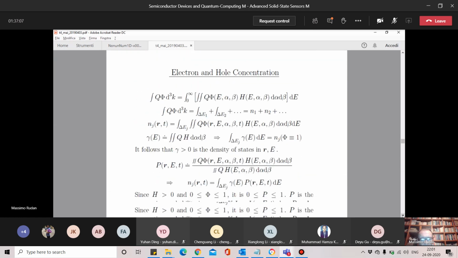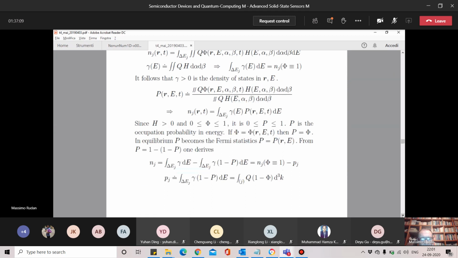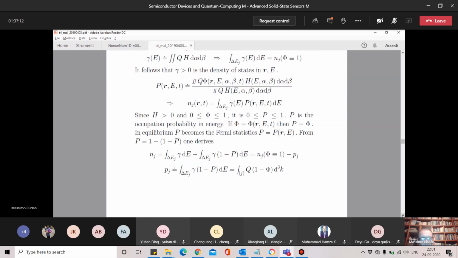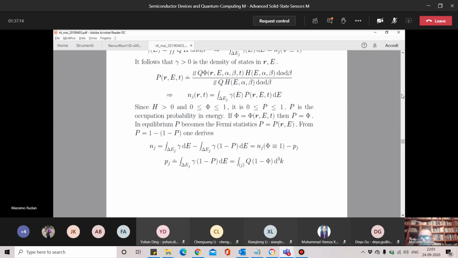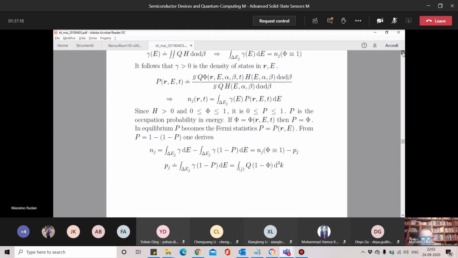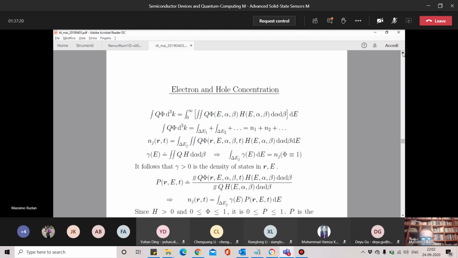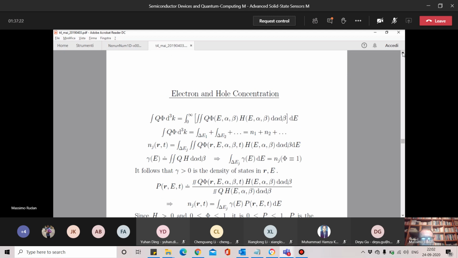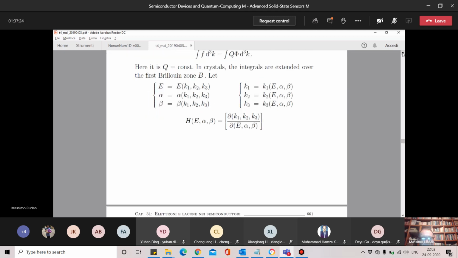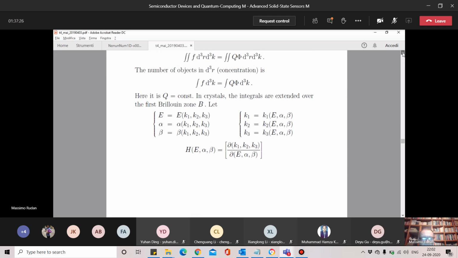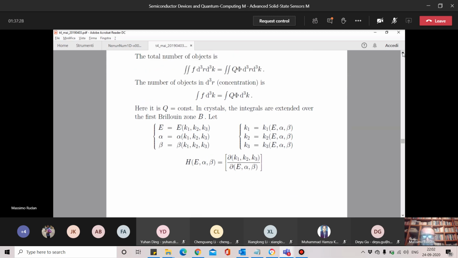about the distribution function. We now introduce a more general definition of the density of states.